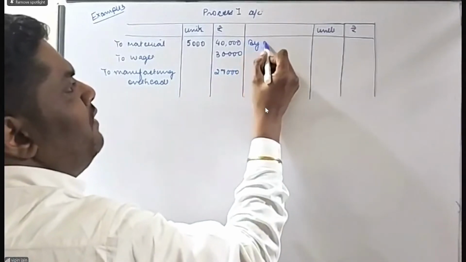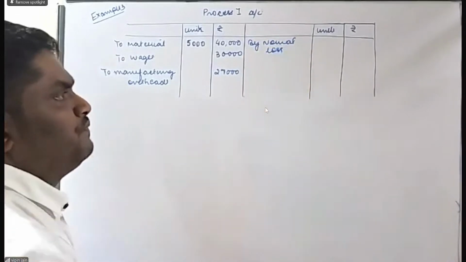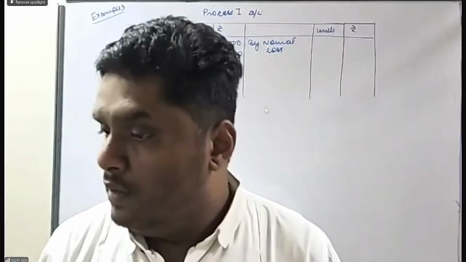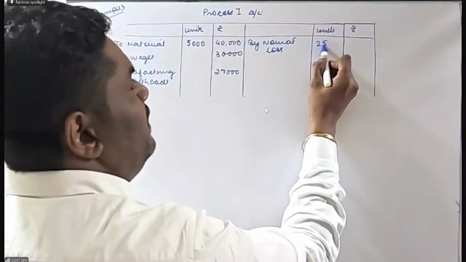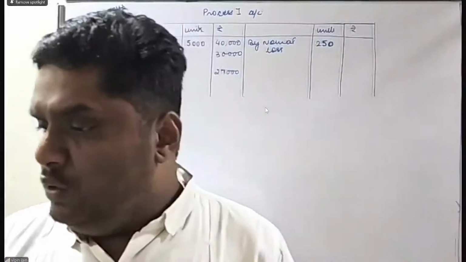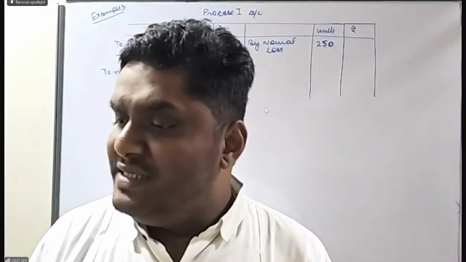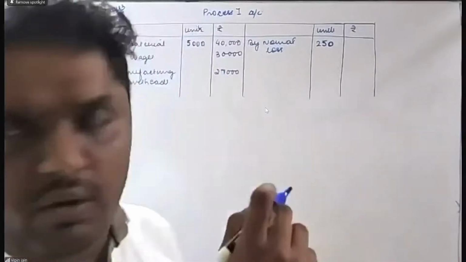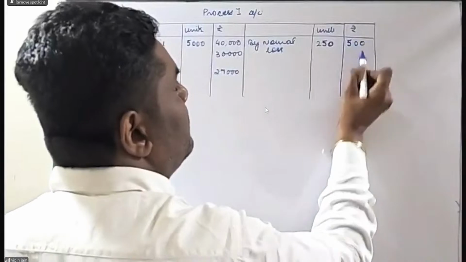Normal loss is given in the question, that is 5% of the input. So we can say it will be 250. Scrap has a realizable value of rupees 2 per unit. So 250 into 2, this will be 500.